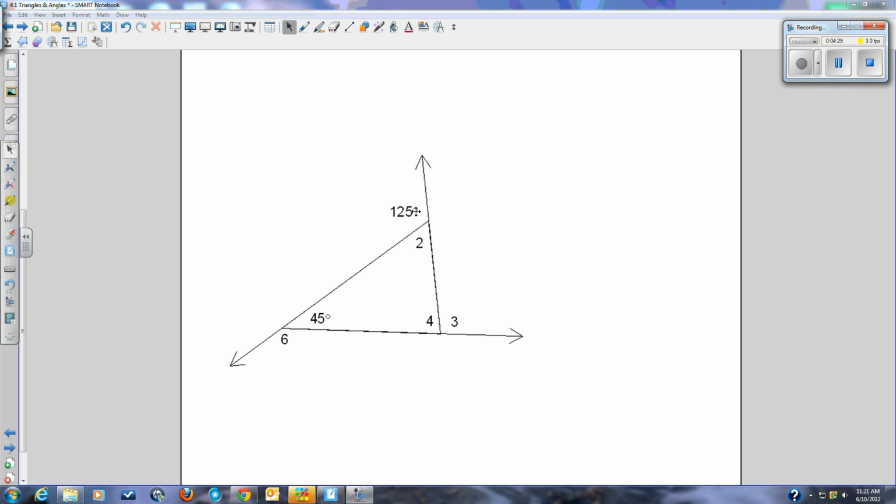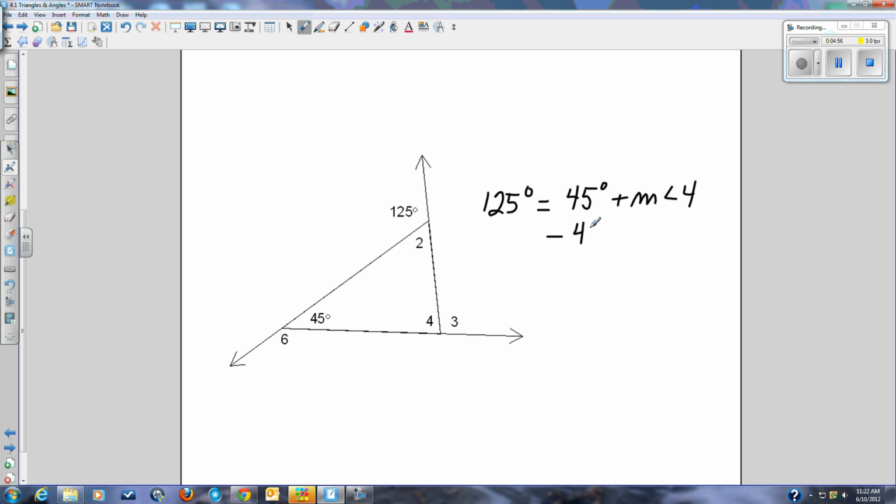But let's move on to another exterior angle. We have 125 degrees. Well, we know that the measure of that exterior angle, 125 degrees, would have to be equal to the measure of the 2 remote interior angles. So that's going to have to be equal to 45 degrees plus the measure of angle 4. Well, now we only have one missing number, which we can certainly figure out from there.